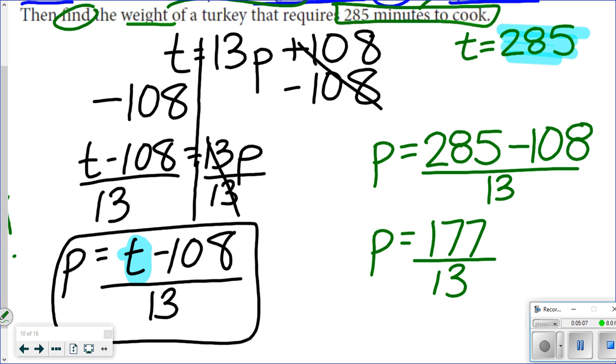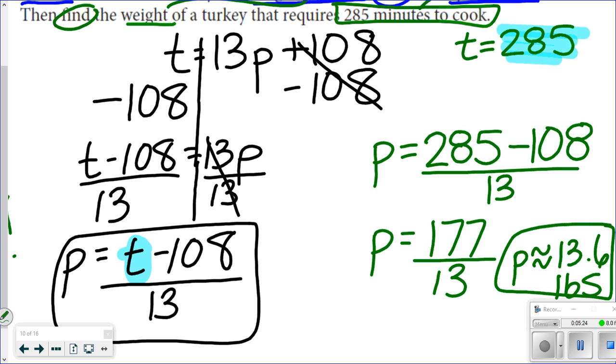That doesn't make sense. So we need to convert this to a decimal. And we get P is approximately 13.6. So our turkey weighs 13.6 pounds.